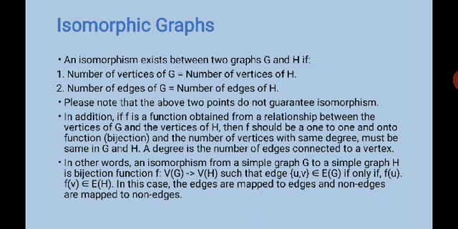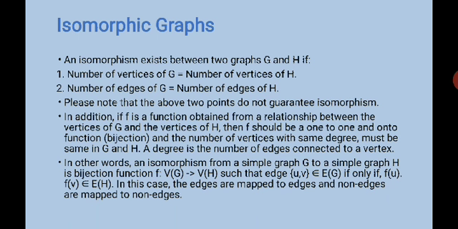So in simple words, an isomorphism from a simple graph G to a simple graph H is a bijection function f such that an edge uv belonging to the set of edges of the G graph maps to an edge f(u)f(v) belonging to the H graph, right?